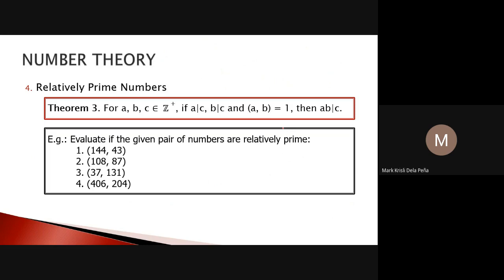If both of them don't share the same factor except one, then they are relatively prime numbers. Again, if among the factors of these two numbers they don't have common factors except one, then they are relatively prime numbers. For example, 20 and 9.